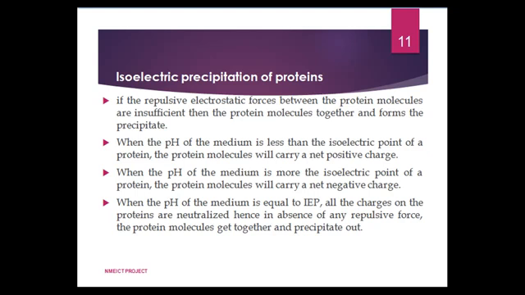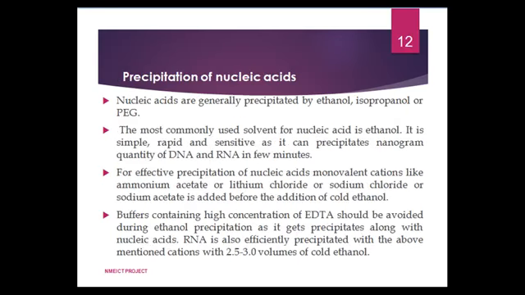As like charges repel each other, the protein molecules stay in solution at pH above and below the IEP. But when the pH of the medium is equal to the IEP, all the charges on the proteins are neutralized. Hence, in the absence of any repulsive force, the protein molecules get together and precipitate out. So these are a few commonly used methods for the precipitation of proteins.